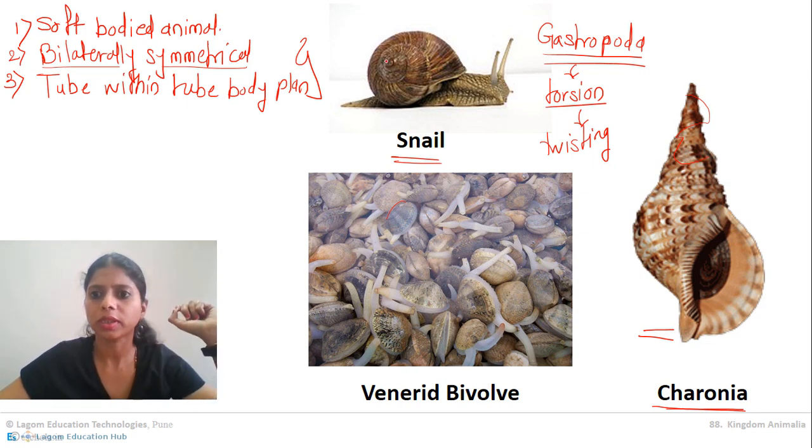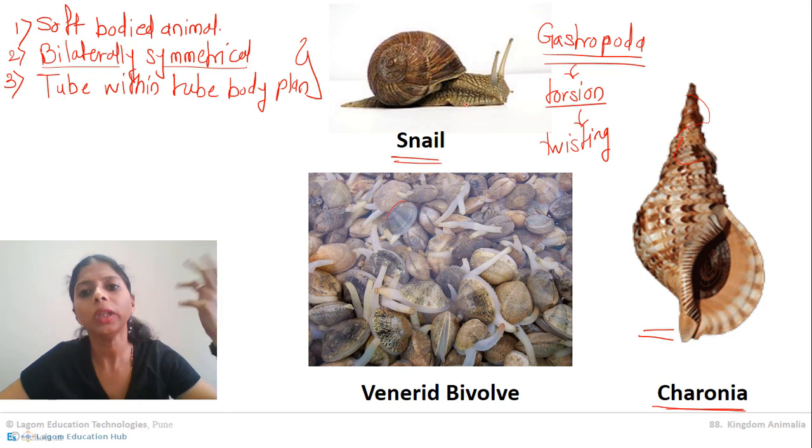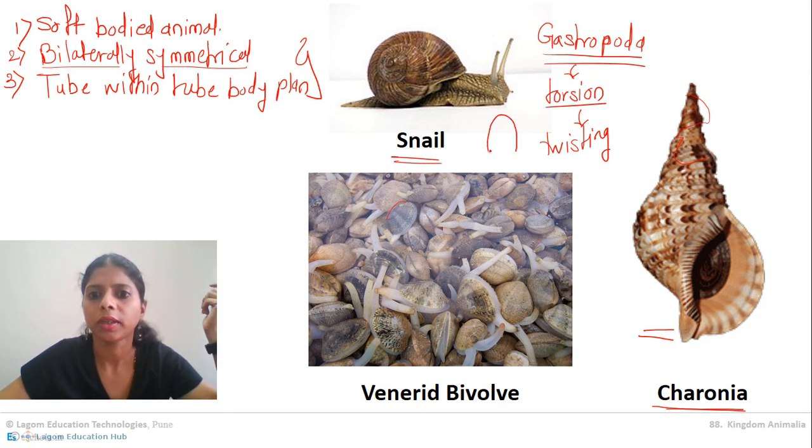And during this process, during the twisting of the body, during this torsion process, the digestive system becomes U-shaped. Means here mouth and another end anus. Understanding? So this animal, somewhere here it will have the mouth and somewhere here it will have the anus.